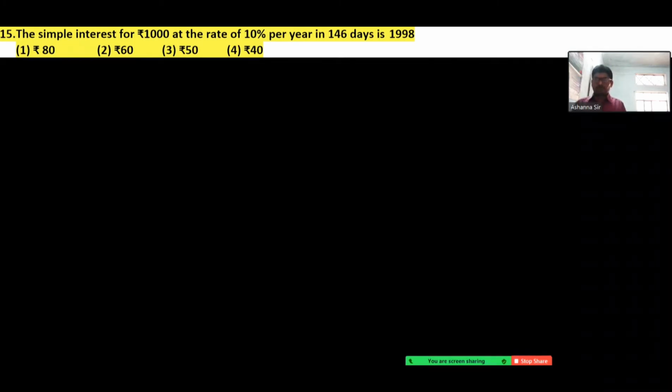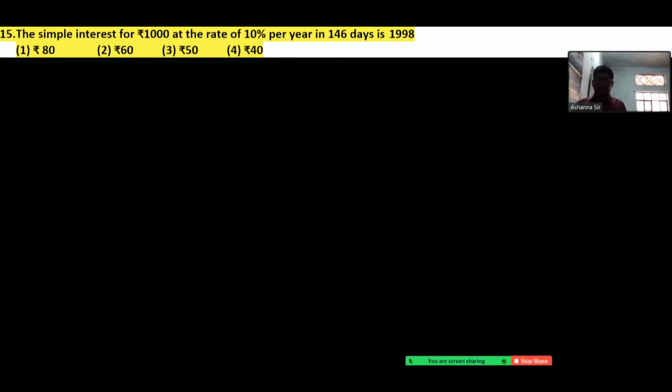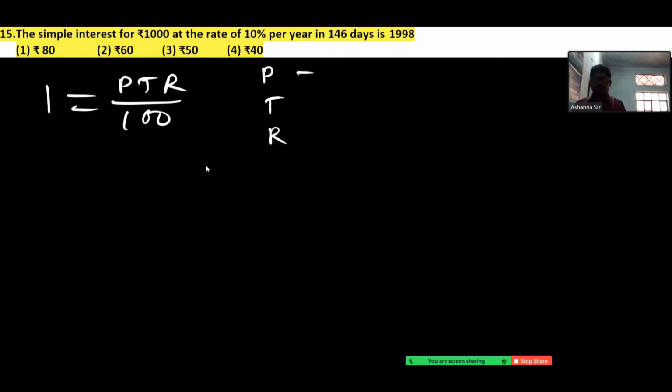Question number 15. The simple interest for 1000 at the rate of 10% per year in 146 days is... We have to find simple interest. I is equal to PTR by 100.